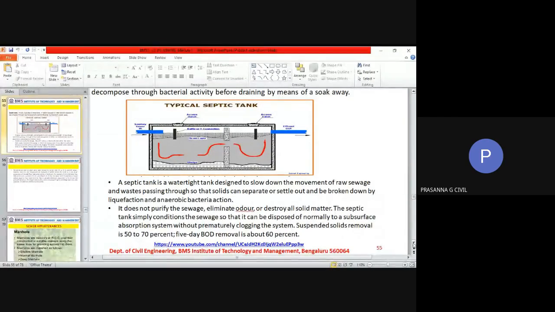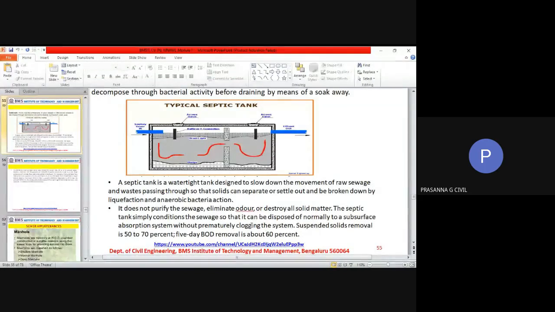So septic tank is not meant for purifying, but it is reducing the organic pollutant capacity and stabilizing the solids that are present there, eliminating odor and destroying the solid matter. The septic absorption system, without clogging, you do not allow the solids to clog the system.